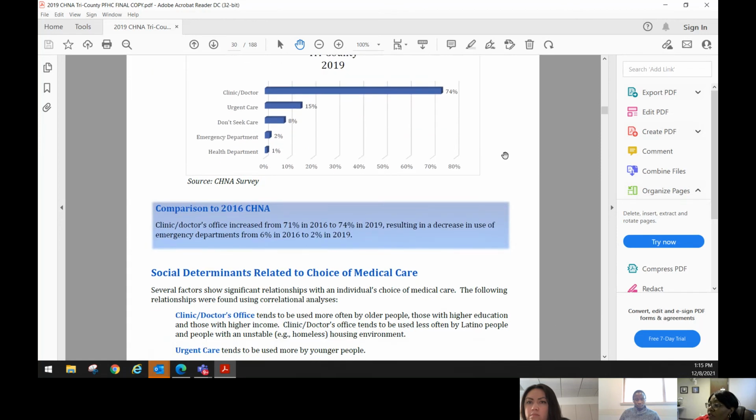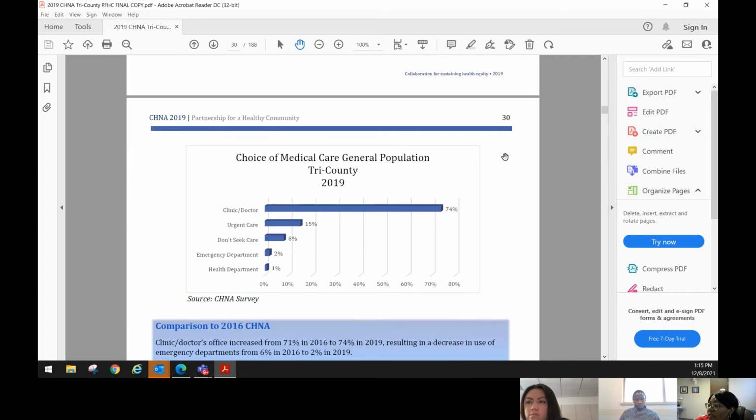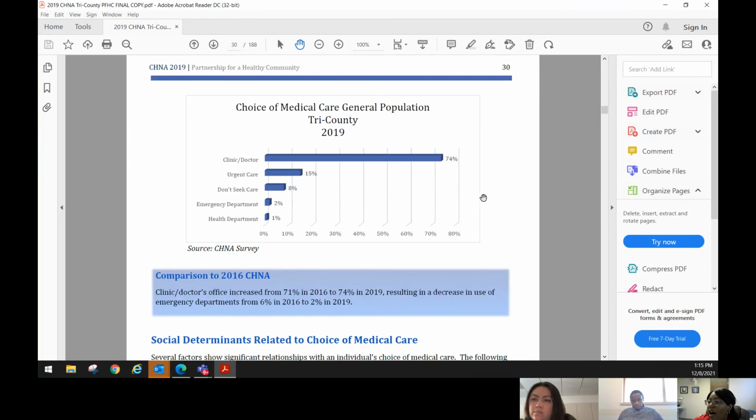So what I do want to point out, and this is the direction that we're starting to go into, is that we really want to start looking at collecting data from an equity lens as well. So looking at this, you see that, oh, okay, 74% of the survey respondents, like, wow, we're doing it, right? Majority of those that responded go to the clinic and doctors.